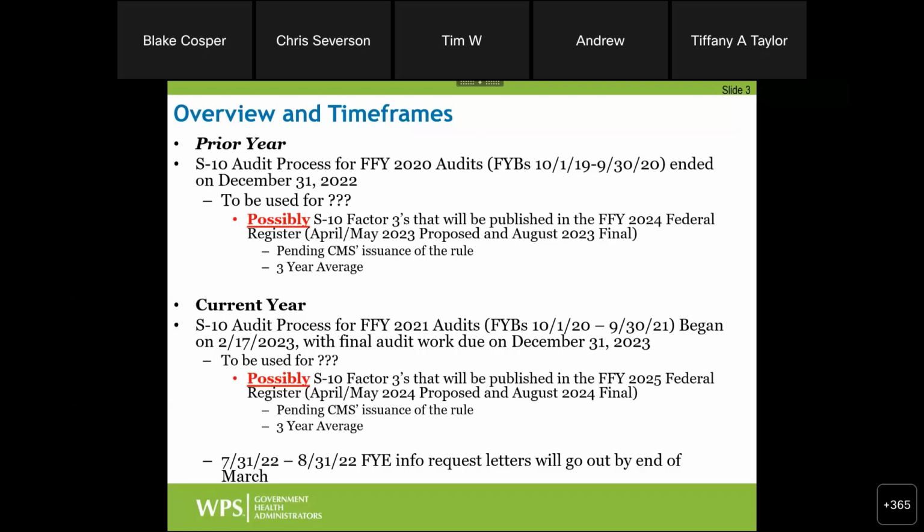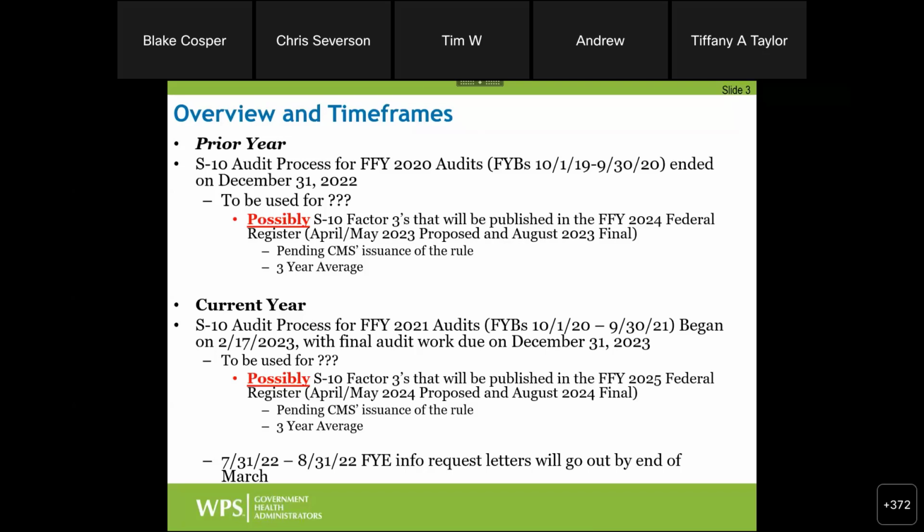But what we are pretty confident on is that CMS is going to stick to this averaging. Again, it's not a guarantee. They could always propose something else, but it seemed like they were pretty strong on sticking with that averaging rule instead of just using 1 year's cost report to determine and calculate 1 year's factor 3.